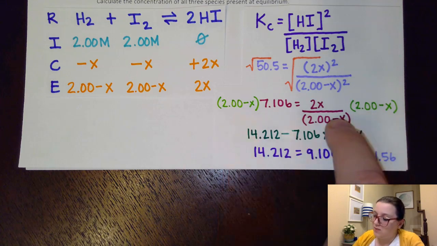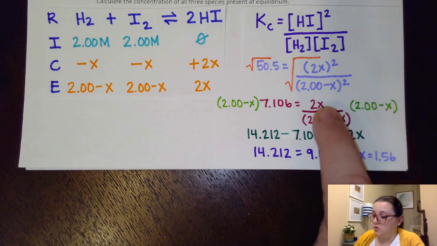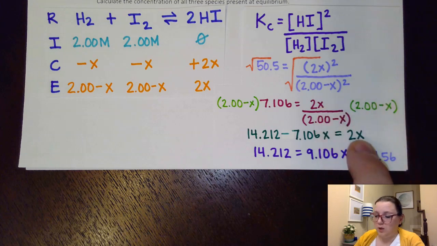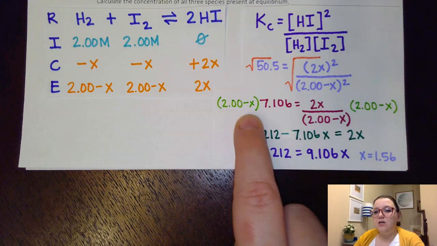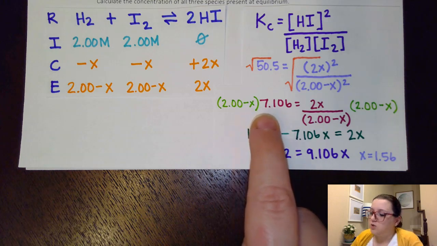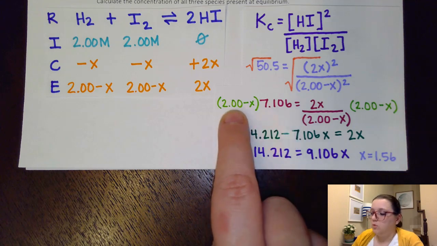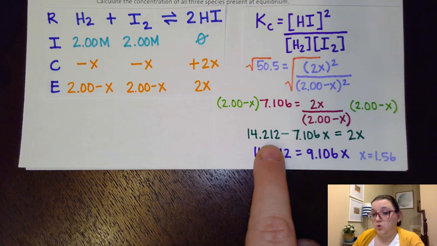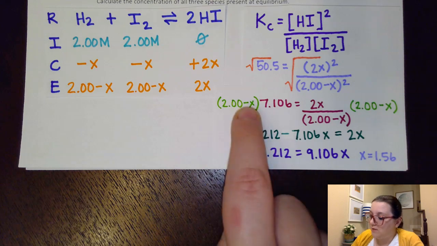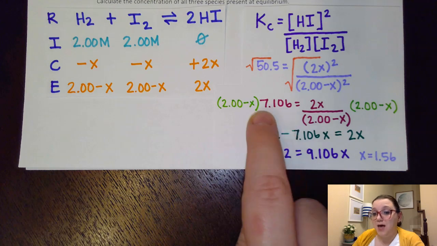Now, obviously on this side, that would end up canceling out, leaving me with just 2x remaining over here. On this side, in order to multiply these, I'm going to have to do some distributing. So this 7.106 times 2 gives me 14.212. Then I would have minus, and then the 7.106 times x, which gives us 7.106x.